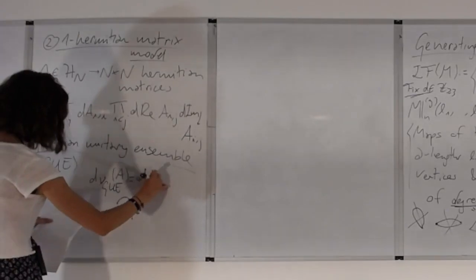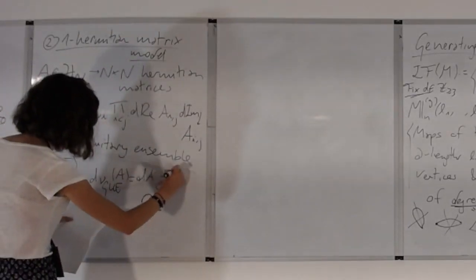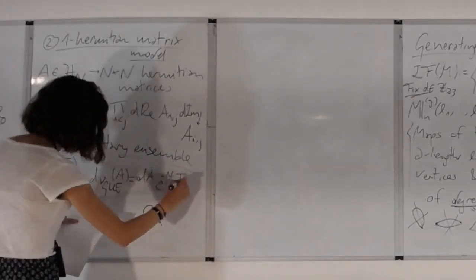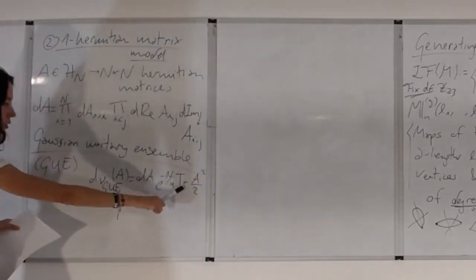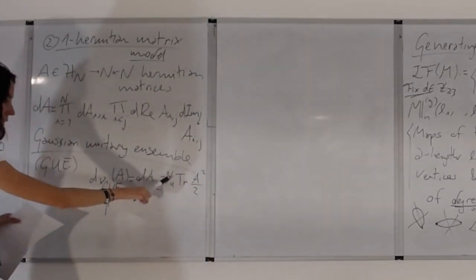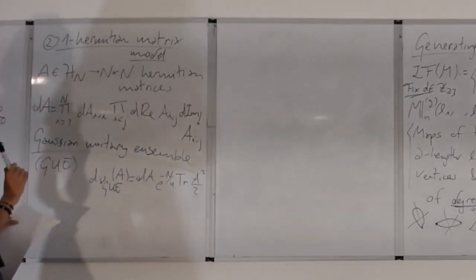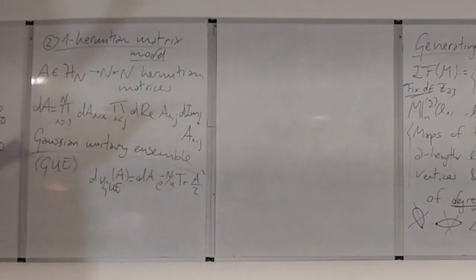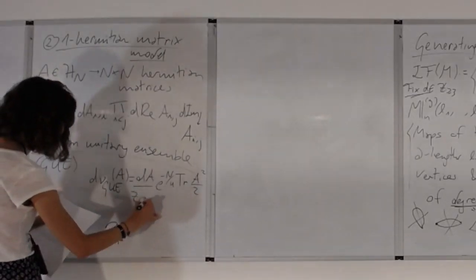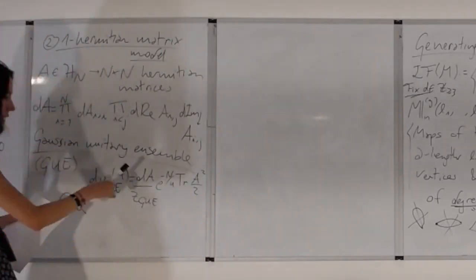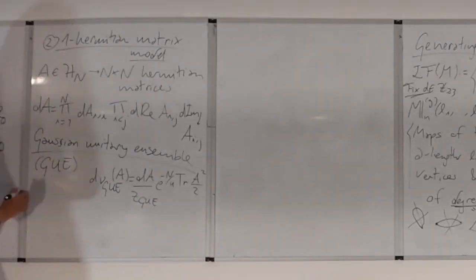You take the Gaussian, as you can imagine, but for matrices. So we just take trace of A squared over 2, with this coefficient N over u, exponential of minus all this thing. But we want this to be a probability measure, so we divide by something that will make the integral of this thing equal to 1. This is the meaning of this factor.